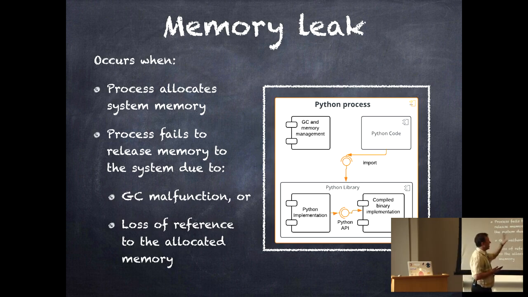I did a little system component diagram here for what we were actually looking for, just to give you a little breakdown. Python is a garbage collected language. It is wonderful. However, if we're looking at memory leaks at a process level, we're not just dealing with Python code. This is your Python code, this is a Python library with a Python implementation.